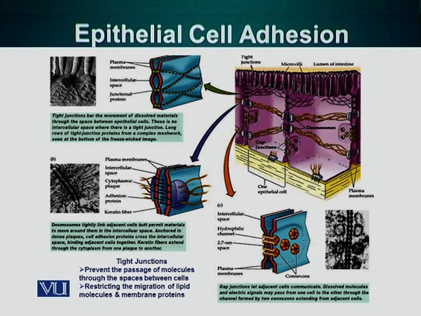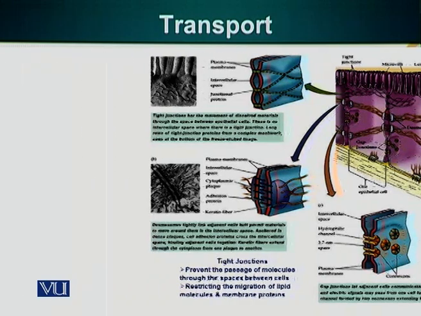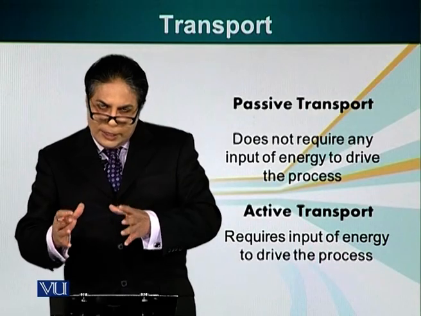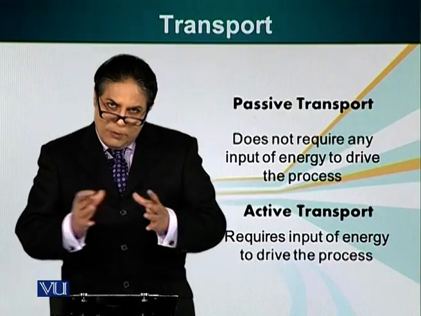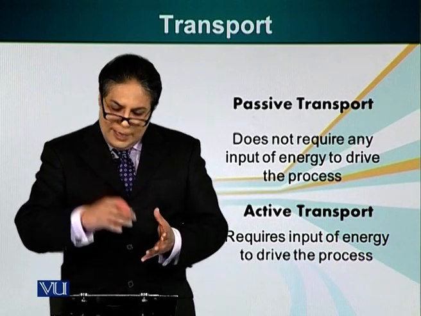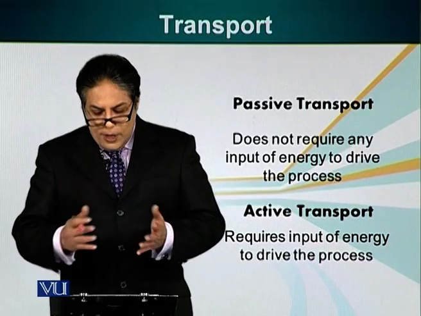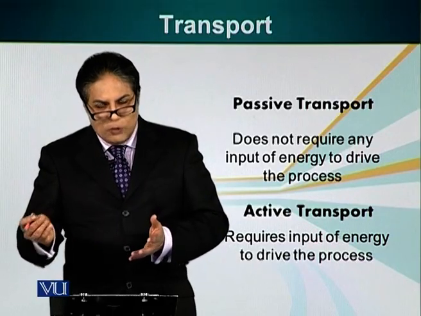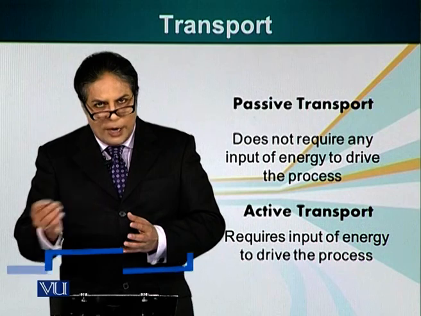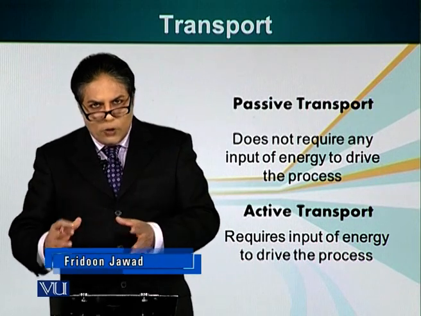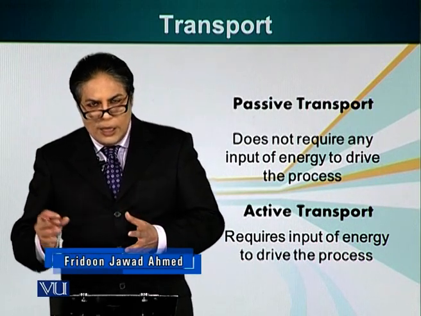certain tissues. So let's look at another part of our transport that can occur between two cells or between a cell and its environment. There's passive transport, which is the type of transport which will happen through the connexons or gap junctions. It does not require any energy.